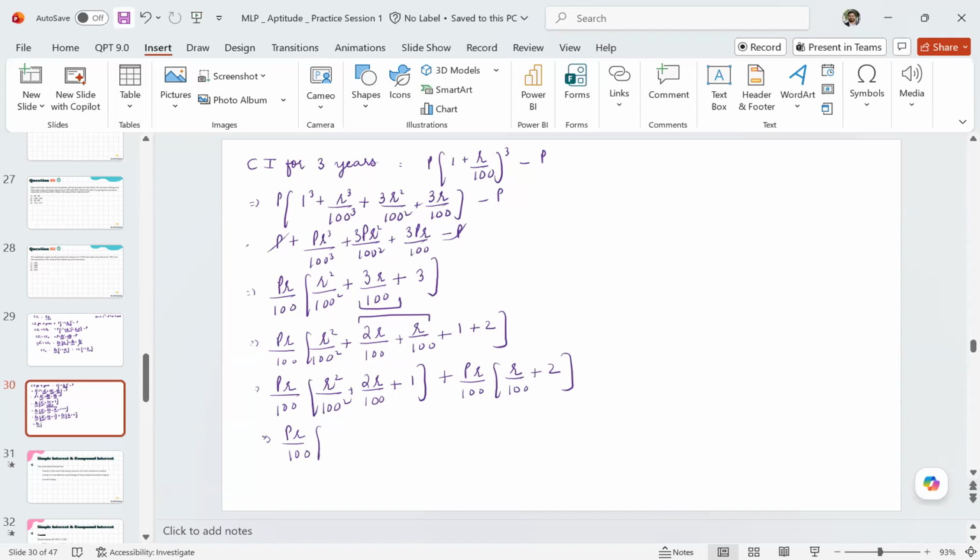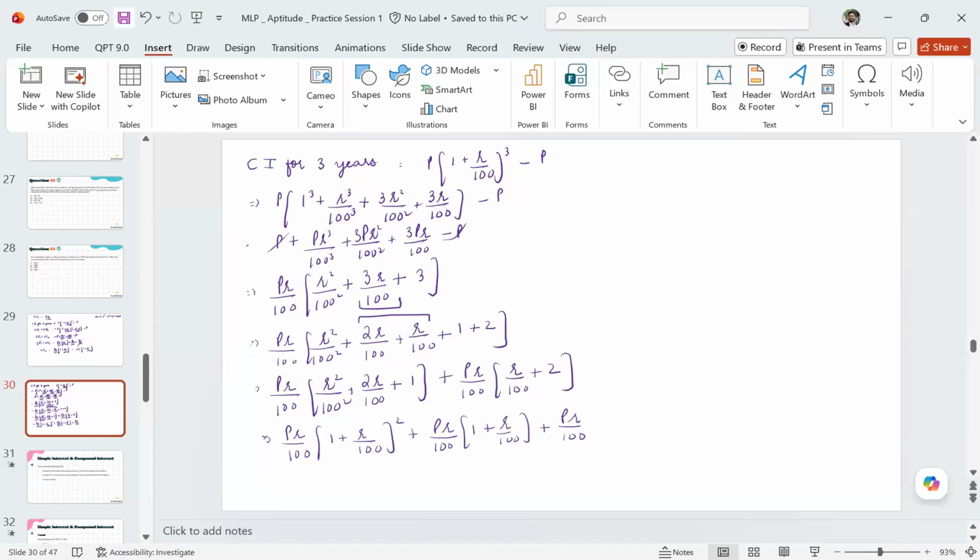Is it not 1 plus R upon 100 whole square? A plus B whole square ही तो है ना ये. So 1 plus R upon 100 whole square plus PR upon 100, 1 plus R upon 100 plus PR upon 100. I have opened this 2 to 1 plus 1 and split it more. Can you see this now? Is this clear?